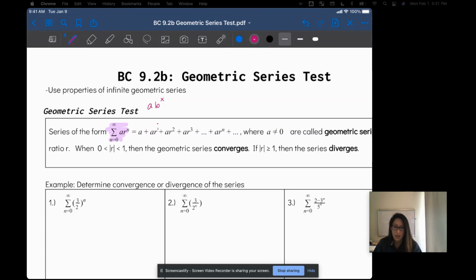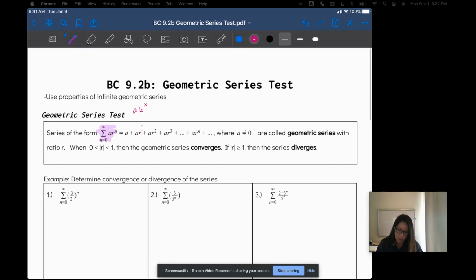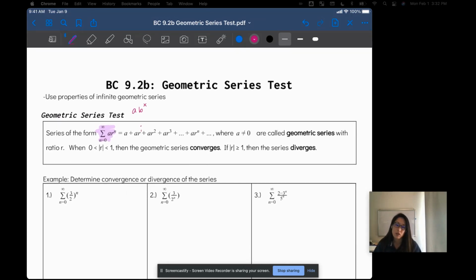So we get a plus the next term, a times r to the first, plus the next term, which is a times r squared, plus the next term, and so on and so forth, until infinity. We call these series geometric series, the ones that basically have an exponential equation for their a sub n to get their term values, okay?